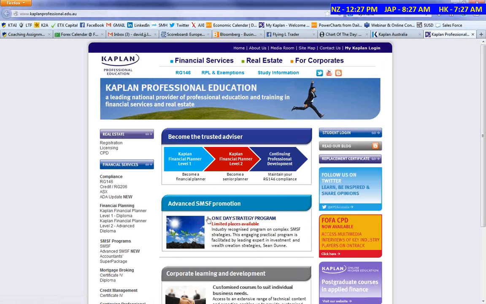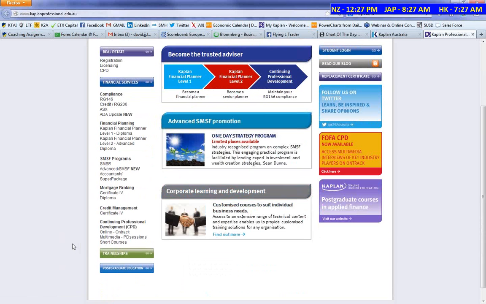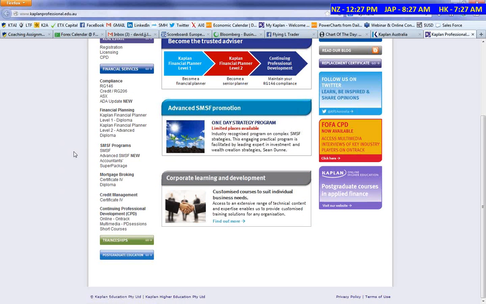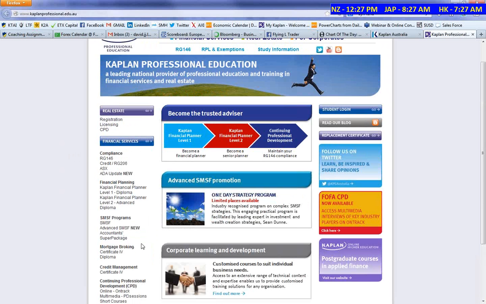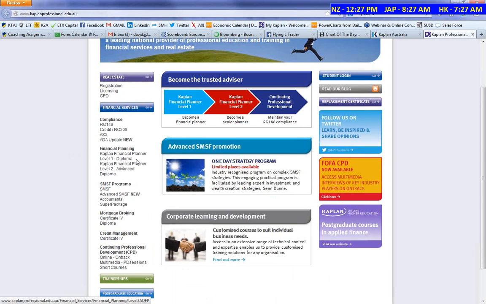Yeah. So obviously you don't need to be a financial planner, but an RG146 is the one that we all need as being in the industry. But you could come and do courses. You don't need to be a licensed person, but if you go and do that course, it'll give you a good idea of sentiment and fundamentals.